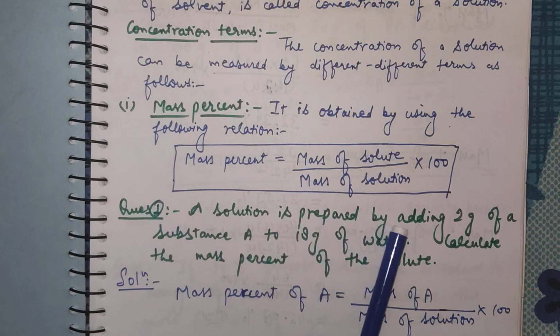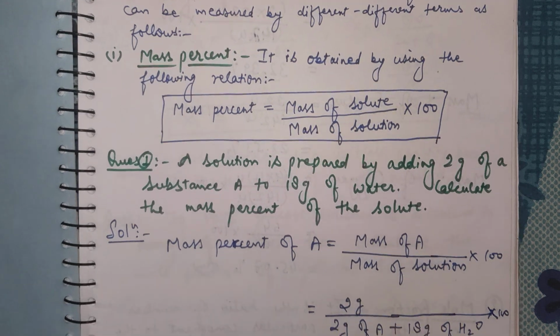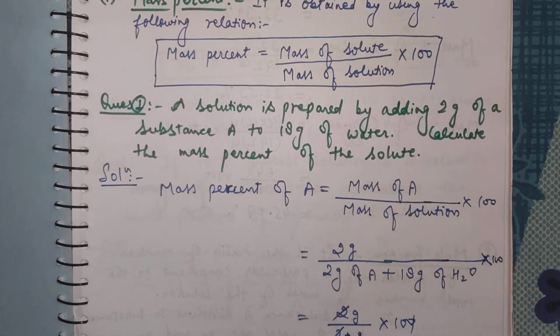A solution is prepared by adding 2 gram of substance A to 18 gram of water. Calculate the mass percent of the solute, that is A. So mass percent of A is equal to mass of A upon mass of solution multiplied by 100.